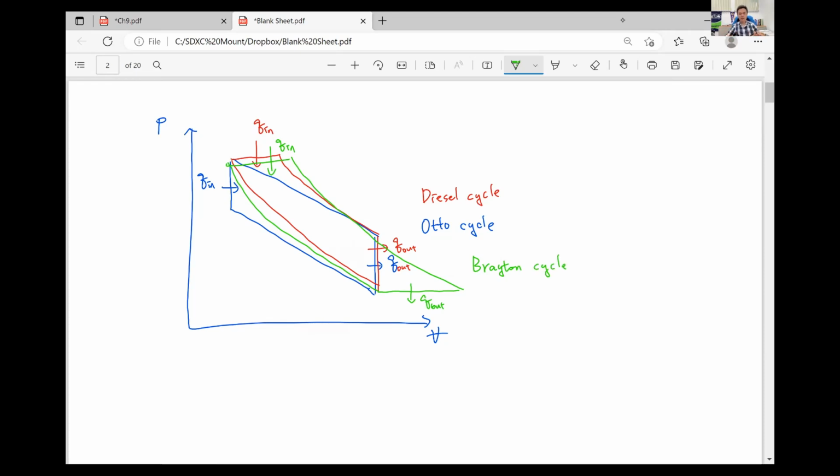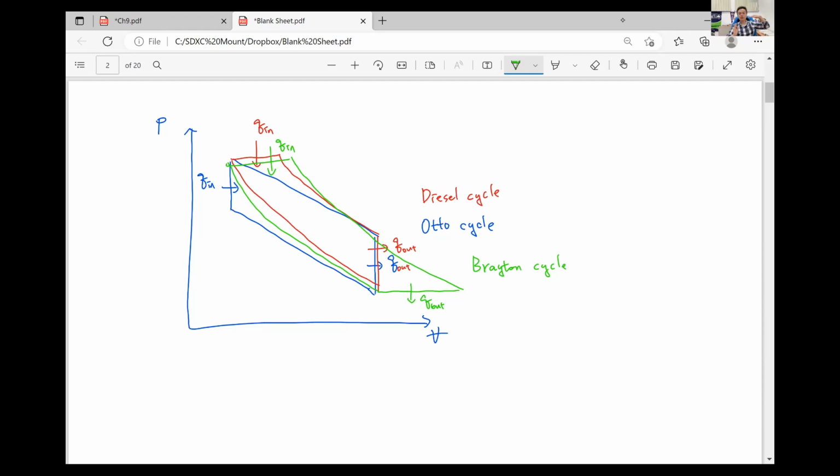So as you can see, these three cycles are similar, starting with the Otto cycle. Both the heat addition and heat rejection processes are constant volume processes. Then moving to the diesel cycle, you just change the heat addition process to constant pressure heat addition, and the heat rejection process remains constant volume heat rejection.